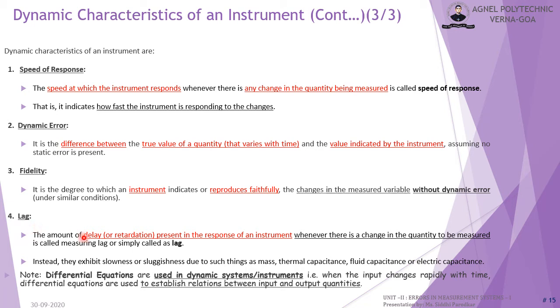The amount of delay or retardation present in the response of the instrument whenever there is any change in the quantity to be measured is known as measuring lag or simply lag. This delay may occur due to mass or thermal, electrical or fluid capacitance of the instrument. Note, differential equations are used in the dynamic systems or instruments to establish the relationship between input and output quantities.